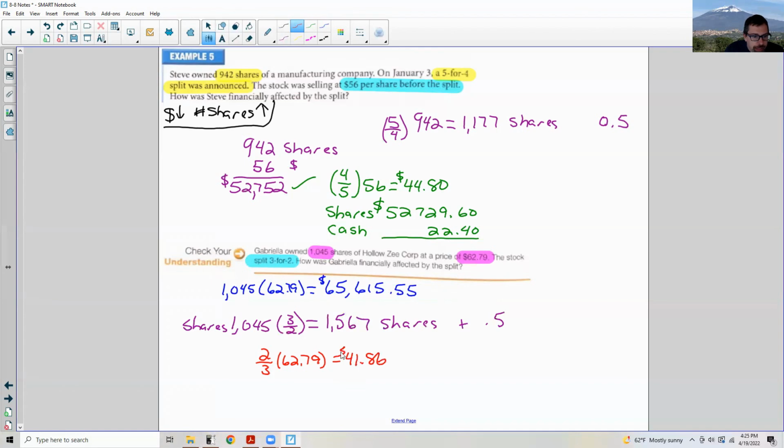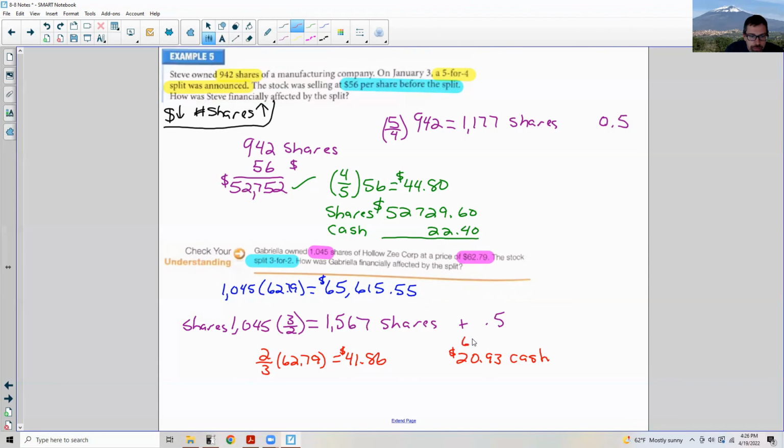So she now has shares that are worth $41.86, but she now has 1,567 of them, where they used to be worth $62.79 each, but she only had 1,045. So she has over 500 more shares, but they're $21, give or take, cheaper. Half of $41.86 is $20.93. She's going to get $20.93 in cash.